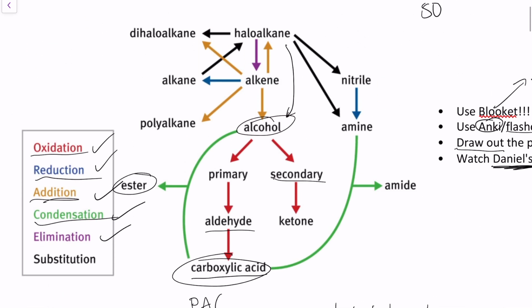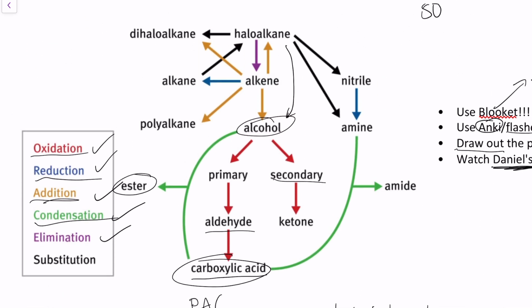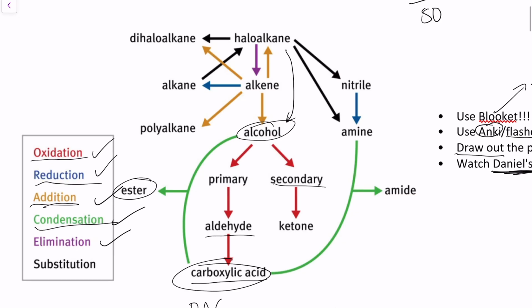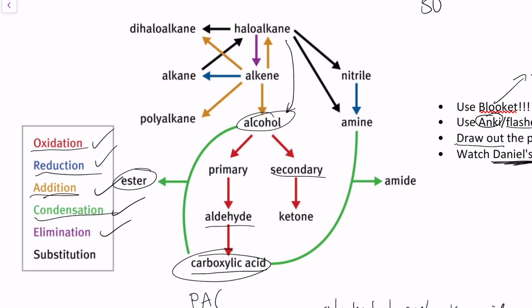The other substitutions, most of these actually come from a haloalkane, which is quite interesting. So from the top of the diagram, we have the haloalkane not just going to make more halogens, but we can actually remove those halogens and make something else on this side with the amines and the NH sort of things.